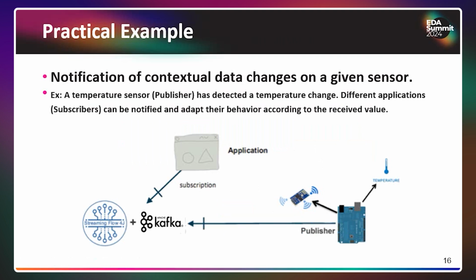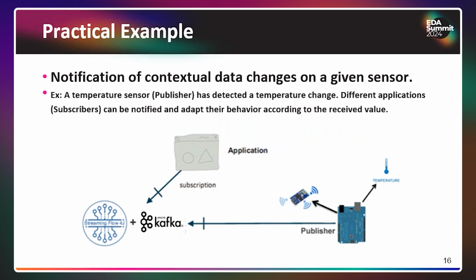And as we will see in this practical example, imagine, as I said before, some IoT mockup that we provide here, where you want to create notifications of contextual data change on a given sensor. Imagine that you have a filter.